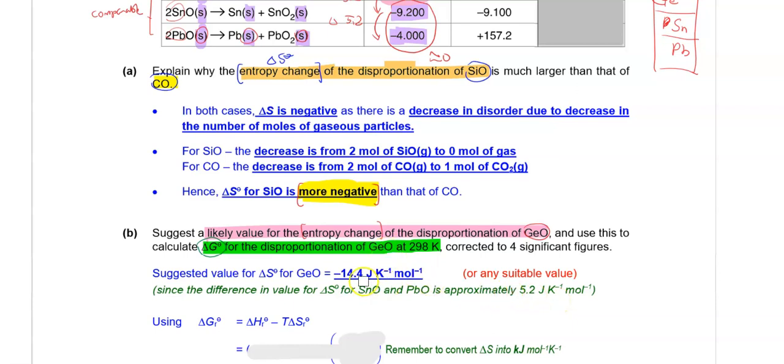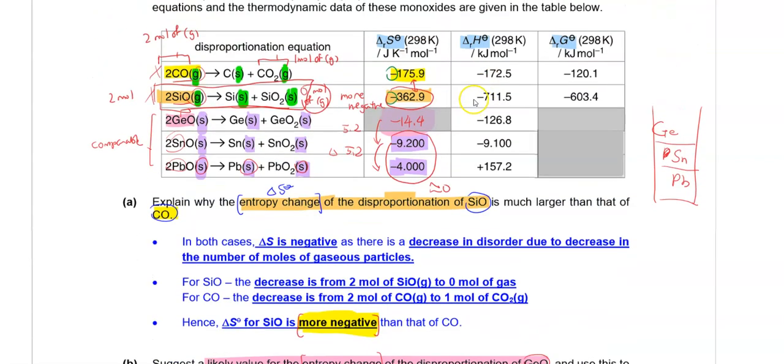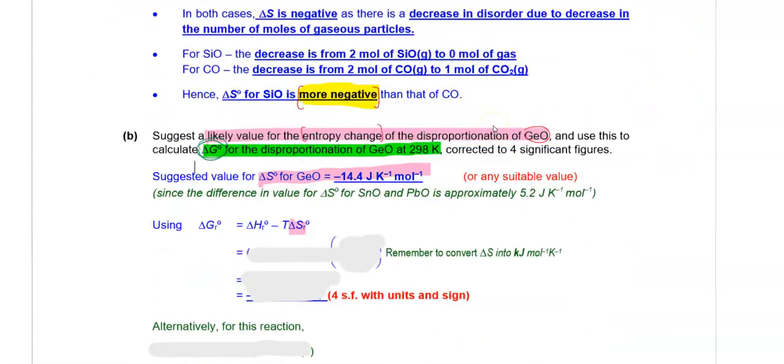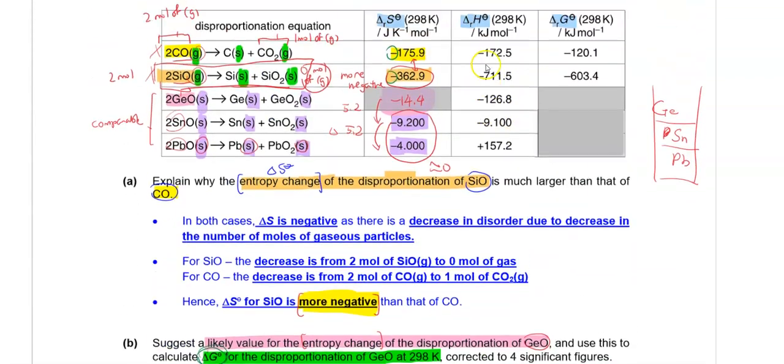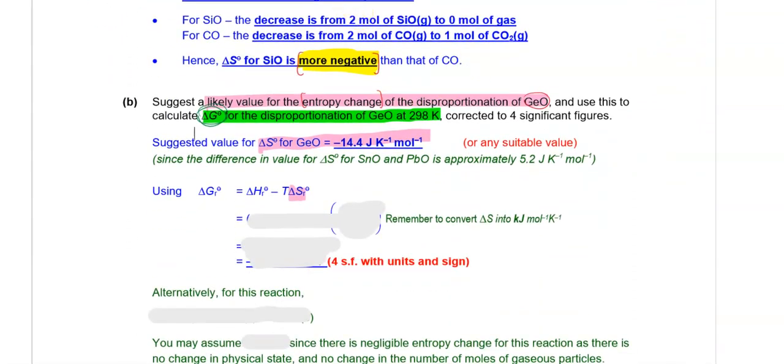Once I have this delta S value, I substitute it into this equation to find my delta G. Since I'm given the delta H, I can substitute in delta H of negative 126.8 kJ per mole. Because we are finding delta G, with units of kJ per mole, and delta H is also in kJ per mole, it makes sense to convert delta S into kJ per mole per Kelvin.